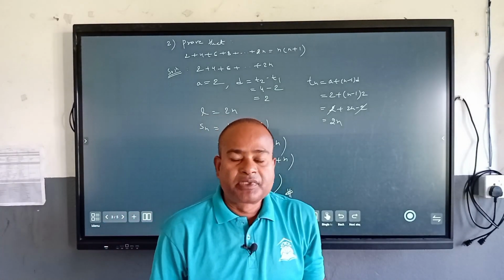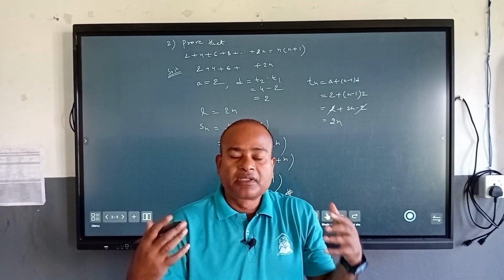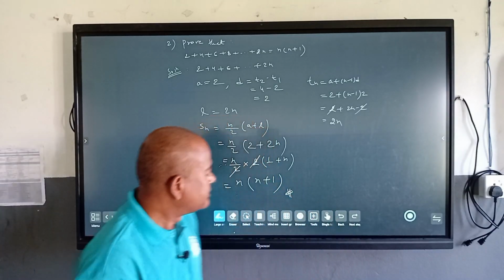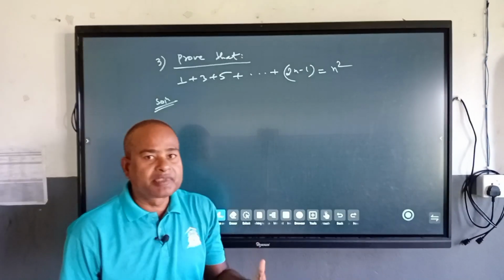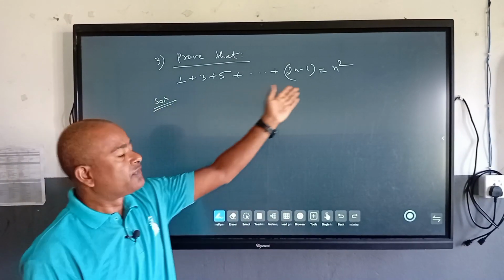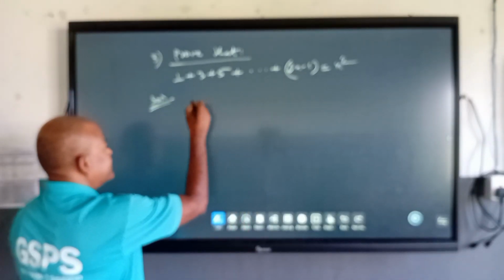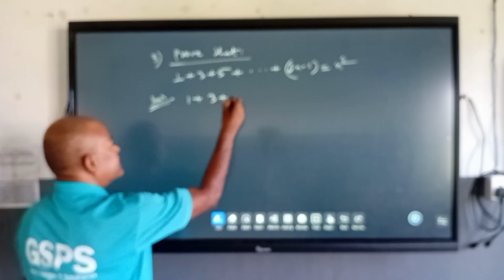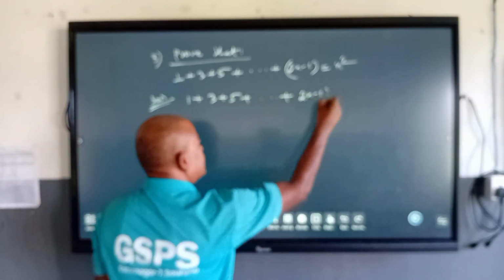Now we are going to prove the third formula, which is the formula to find the sum of the first n odd numbers. The given series is 1 plus 3 plus 5 plus ... plus 2n minus 1.